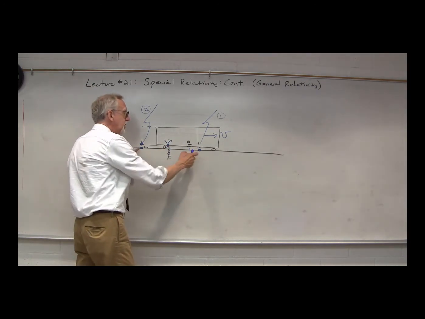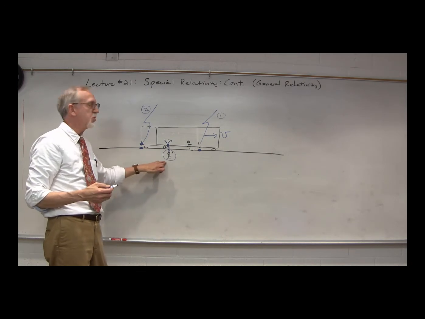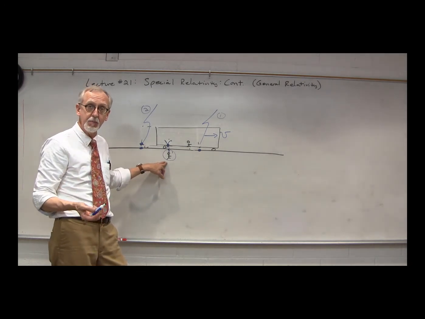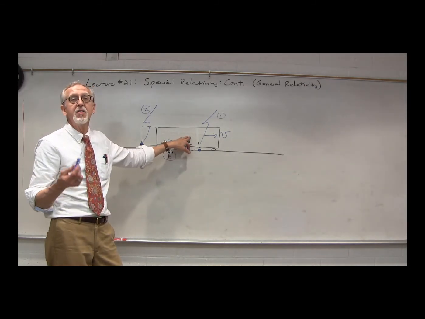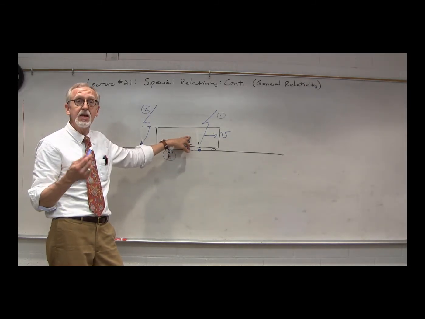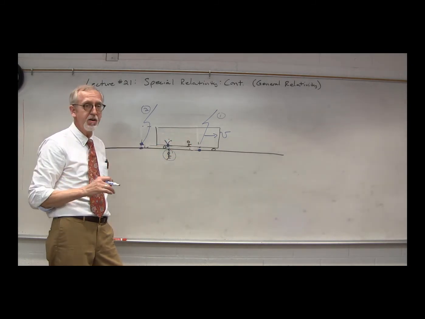The time between two events is 0 for this person. In other words, this person would say those occurred at the same time. The time interval is 0. They're simultaneous. Where this person would say they are not simultaneous. There is a time interval between those events. Very, very interesting.